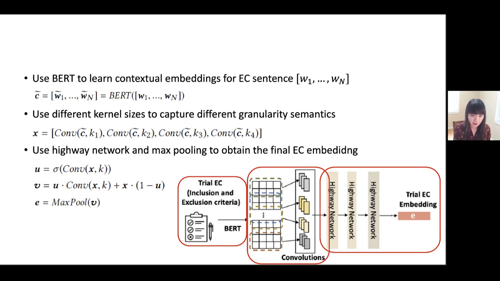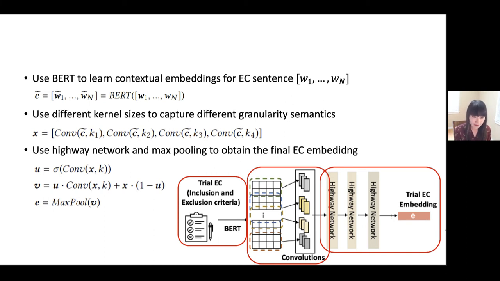Let's talk about more detail for how the Compose learns embedding and make predictions. First, we learn the trial eligibility criterion embedding using convolutional highway network. We hope the learned EC embedding can retain sentence-level semantics while also capture important detailed information in sentences.